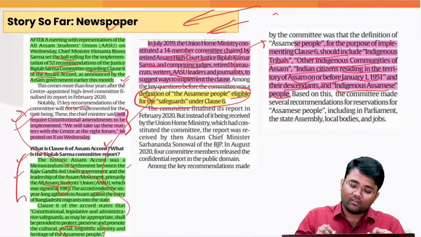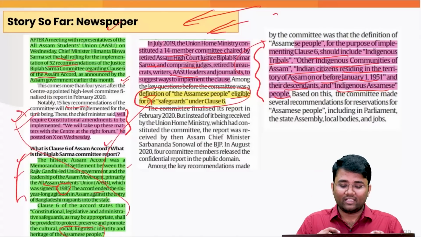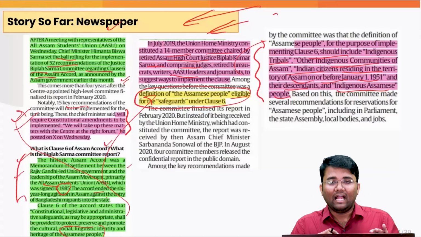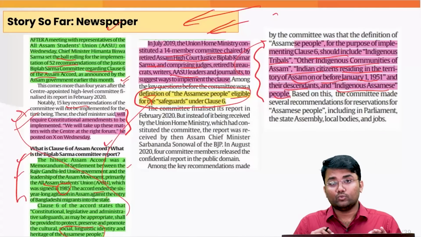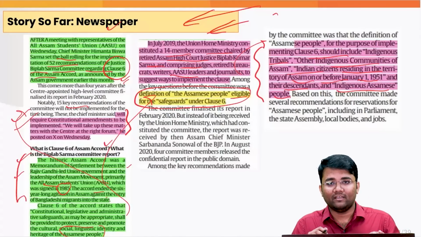So they have given a wide definition of the people who will be included under the Assamese people, and it will be notable to see how the full implementation of this clause 6 will happen.